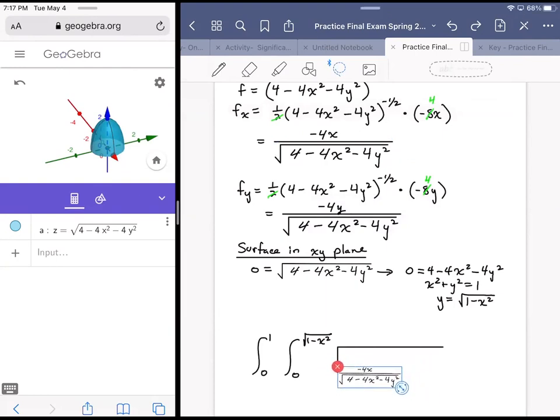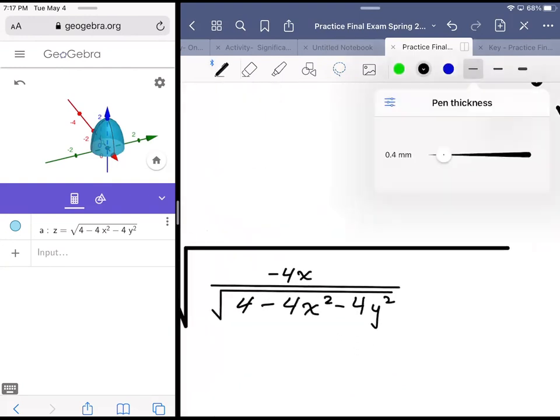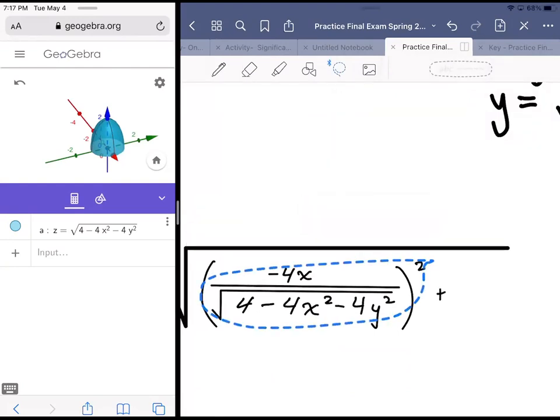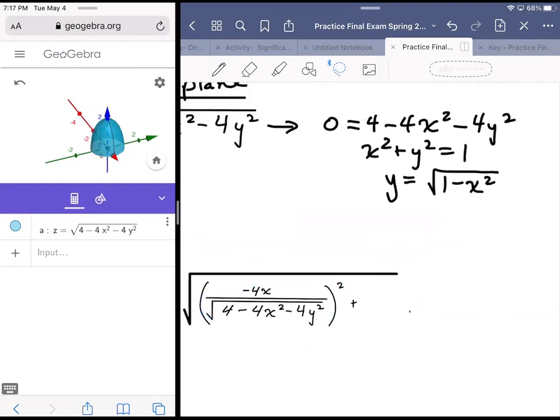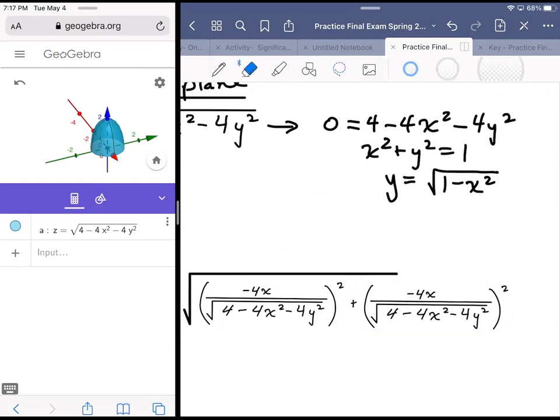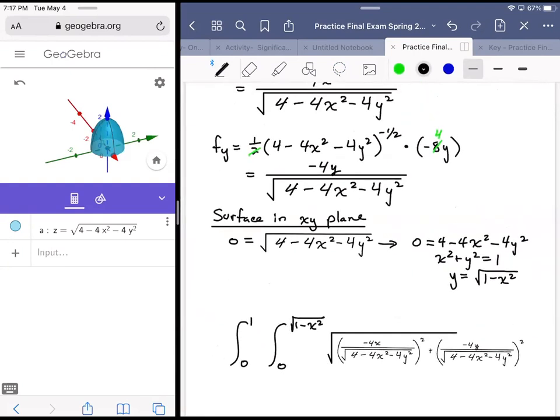So this squared plus same thing again squared, just with a y instead of the x, plus a 1.